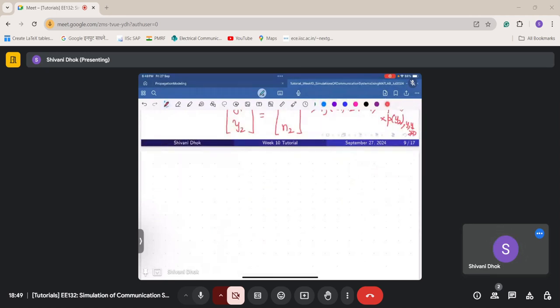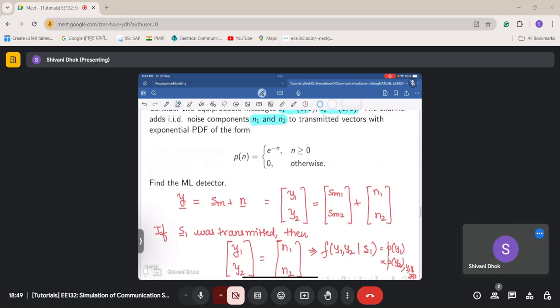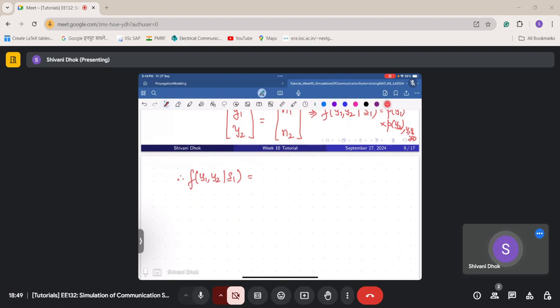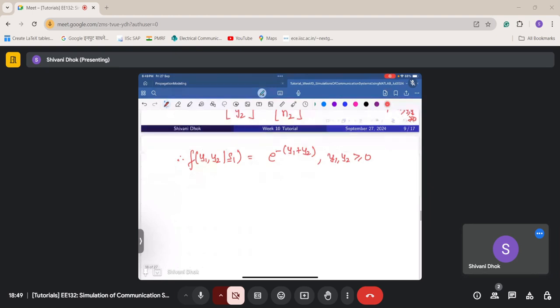So f of Y1, Y2 given S1 was transmitted comes out to be e power minus (Y1 plus Y2) for Y1, Y2 greater than or equal to 0. So how does it look? We have this 0, 0, this is Y1, this is Y2, and in this region it will be non-zero.